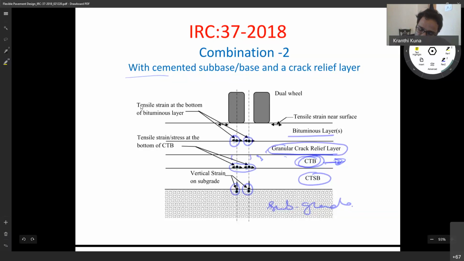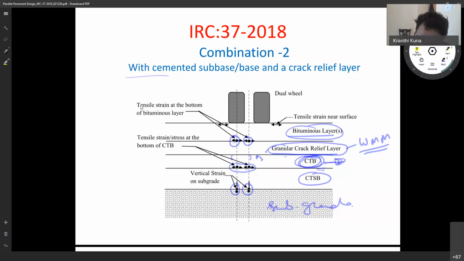We do not want those cracks to propagate through the bituminous layer. What we do is put a granular crack relief layer, which is WMM, wet mix macadam, between the bituminous layer and the cement treated base, so that shrinkage cracks developed within the CTB do not propagate through and cause cracks in the bituminous layer.